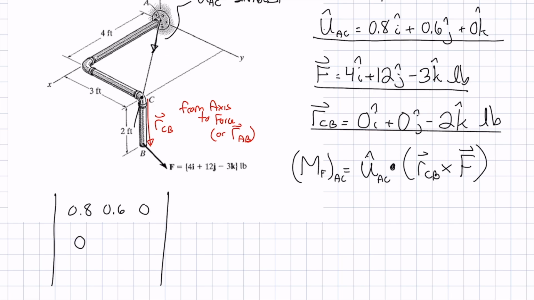I am going to set the middle row to be r C B, and that's 0, 0, negative 2. And of course, the bottom row becomes the force vector, which is 4i hat, 12j hat, negative 3, in pounds. So they have to go in this order in the matrix. And then you're going to find the determinant.